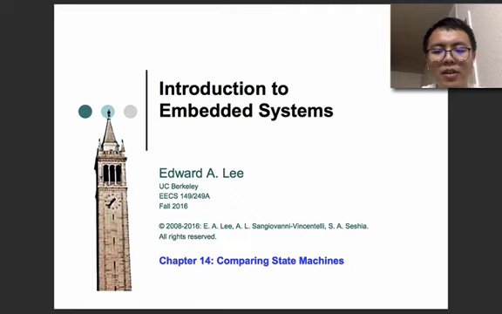In the other case, a non-deterministic state machine, given the sequence of inputs, you may get multiple behaviors from that state machine. Non-deterministic state machines actually play a role as an alternative way of specifying behaviors of systems.